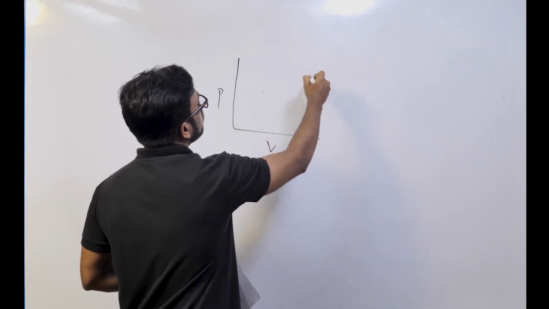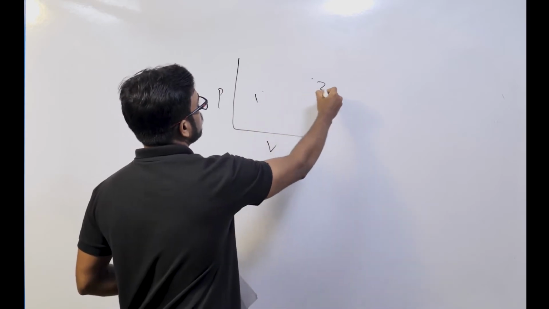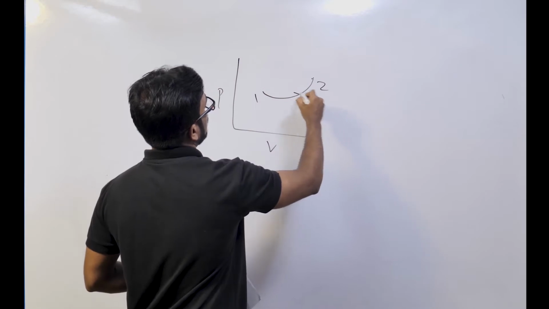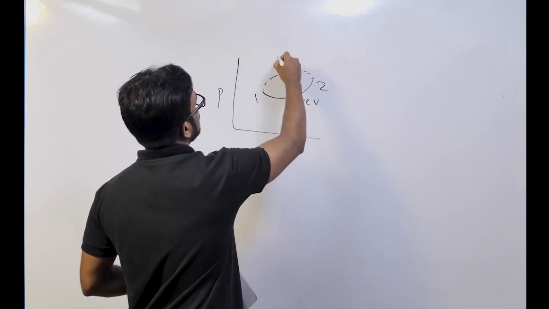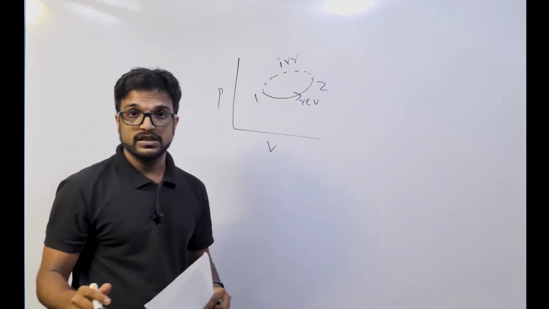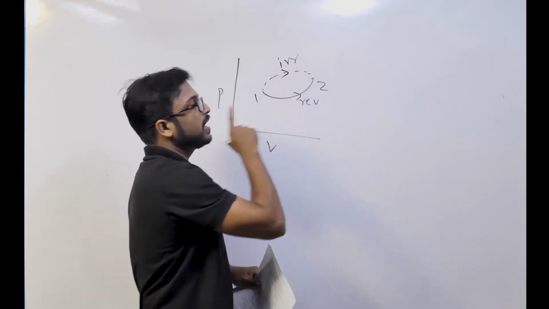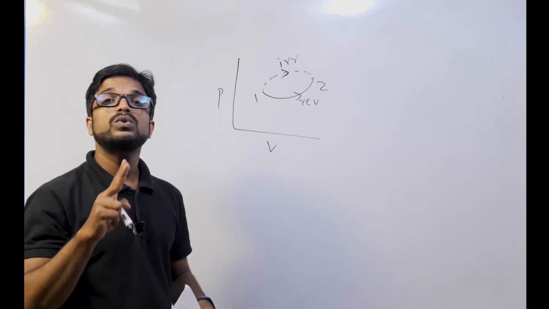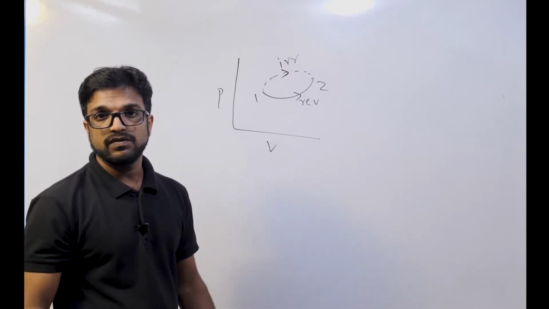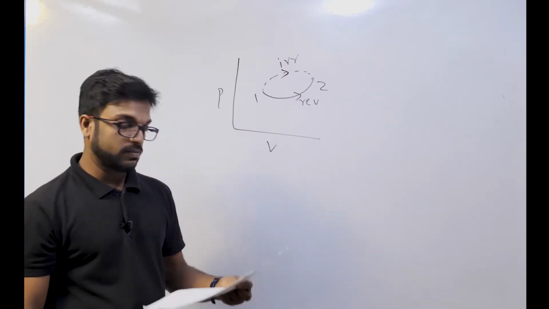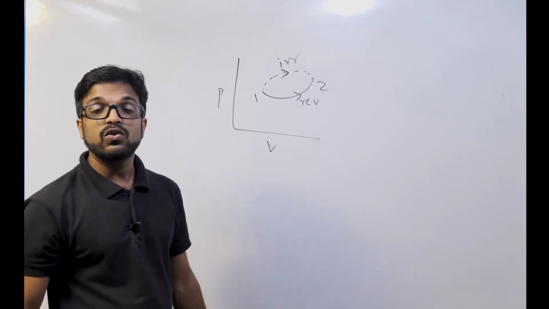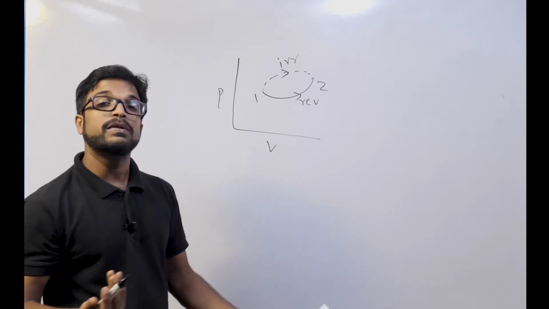Here we have two states, state 1 and state 2, and one of the processes is reversible and the other one is irreversible. So there are two paths, going from state 1 to state 2 through different paths. It is given that in that case, how will their entropy changes be related?